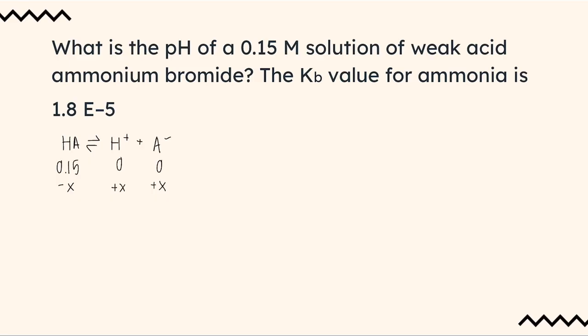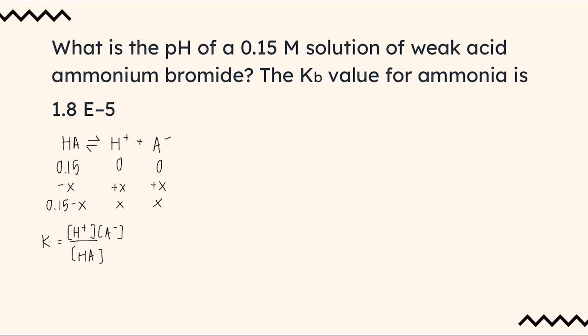So my equilibrium expressions with my changes are going to be 0.15 minus x, and then these two values are going to be x. If we use our Ka equation, it's going to be products over reactants. In this case, I have H plus and A minus over HA.